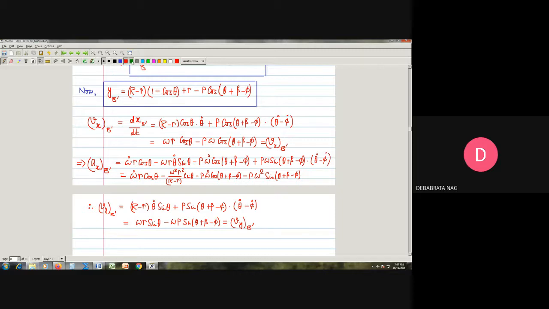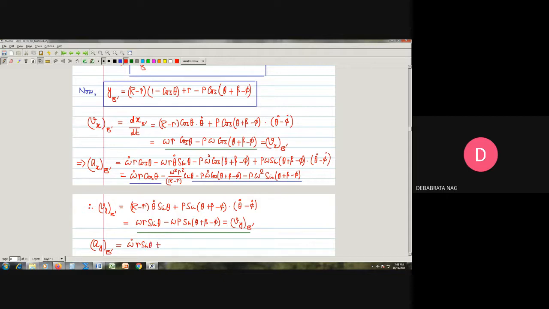So here we have found one expression, and this is another expression of the velocities. And here we have a big expression for acceleration. Let me label it with a different color. So this is the acceleration expression, and we again find the acceleration expression for our y component. We need to differentiate this equation to find the acceleration of the point B dash. So we differentiate, remembering omega can vary, so it will be omega dot r sine theta.